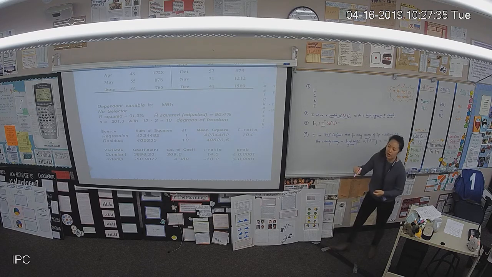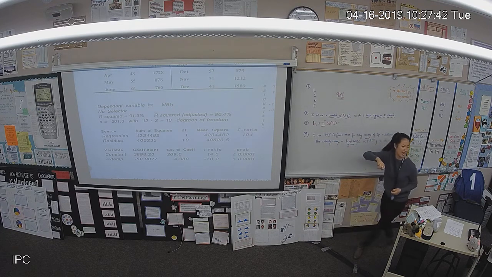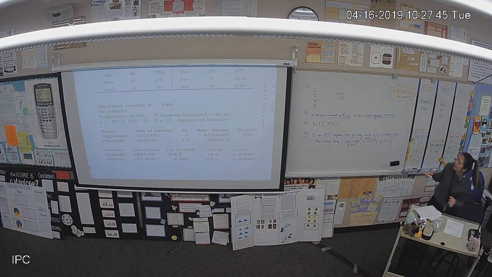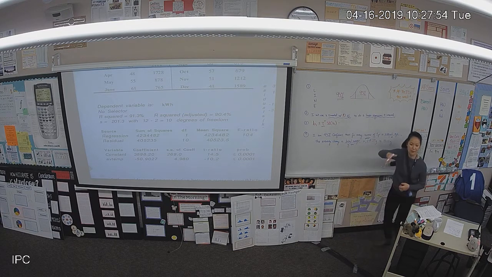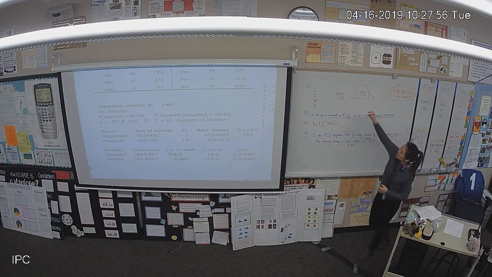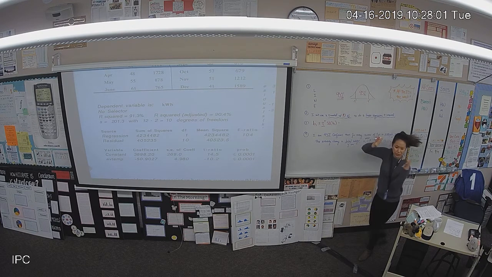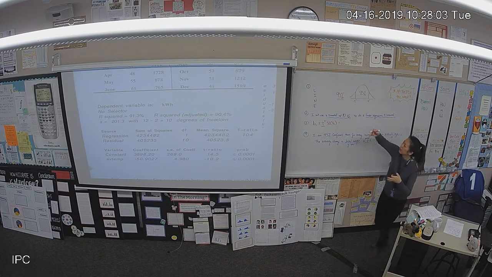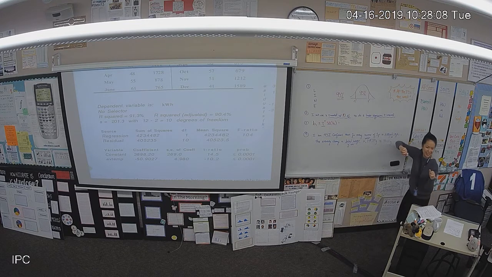Okay. So the t star comes from the fact that you're doing a 95% confidence interval. When you do a 95% confidence interval, that 95 is right in the middle of your t model. Your t star is this value right here, those cutoffs. So does anybody remember what function on your calculator to use?